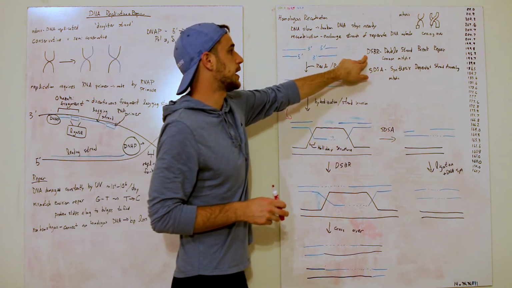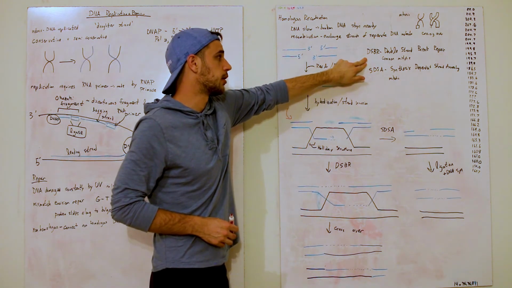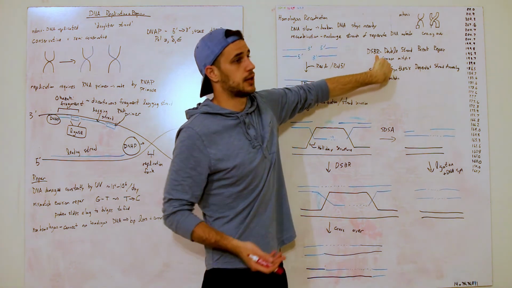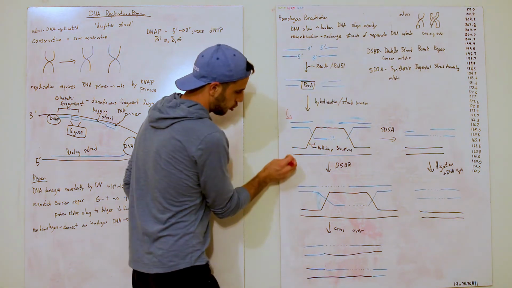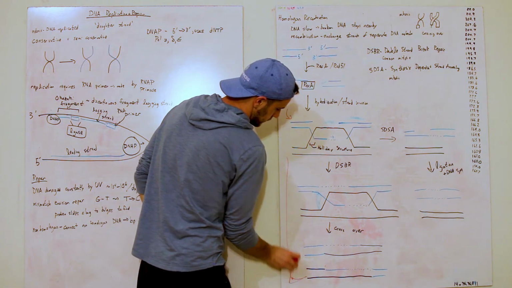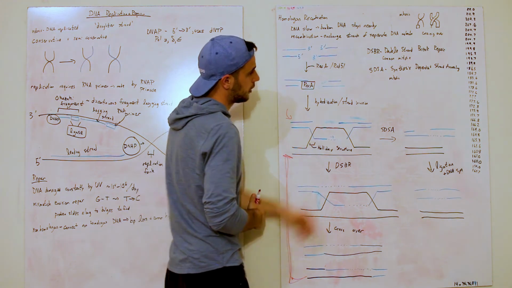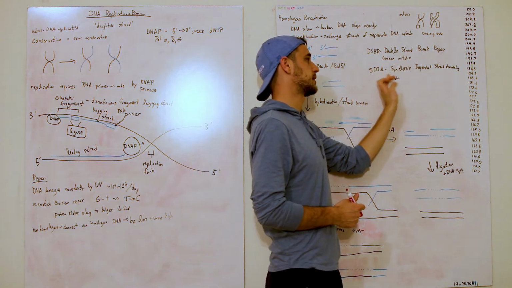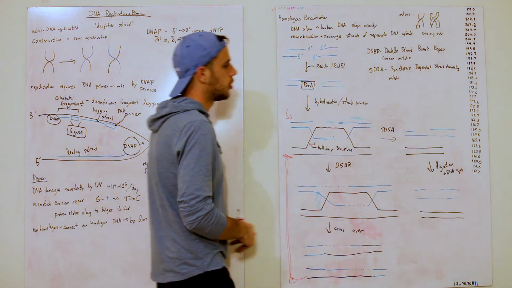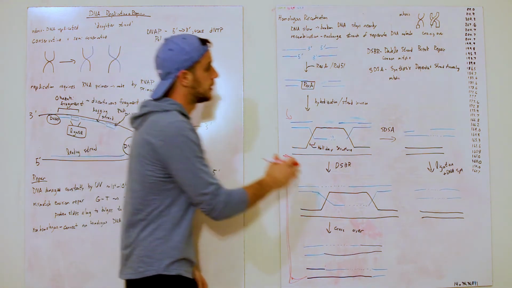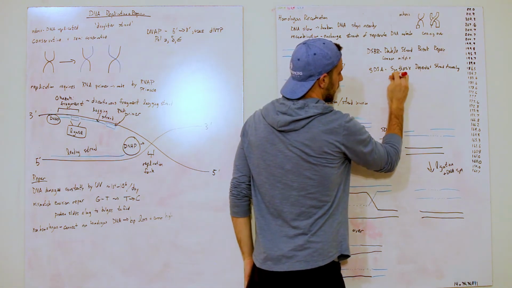You have DSBR, double strand break repair, which is very common in mitotic cells. So typically, you're really just going to study this system, DSBR, versus there's also SDSA, synthesis-dependent strand annealing, which is typical in meiosis.